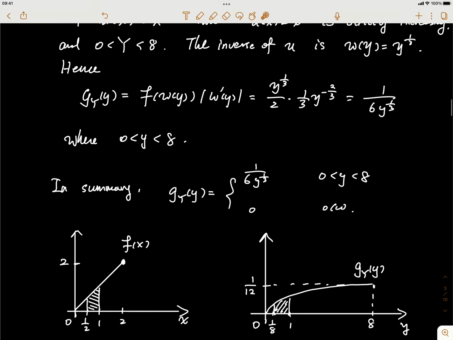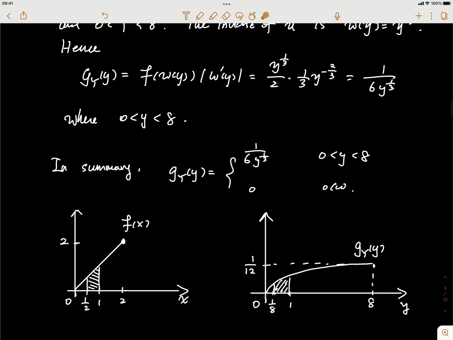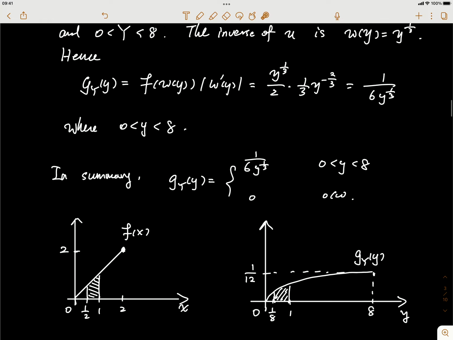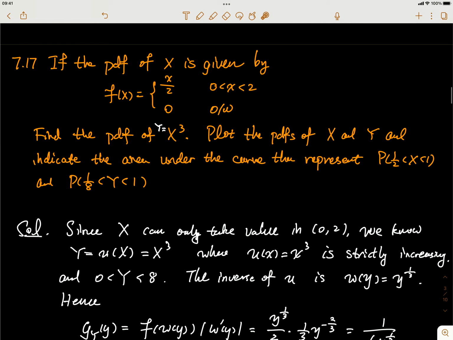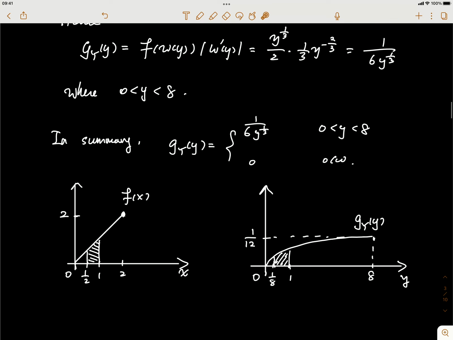Now if we plot the picture, remember that this is what the PDF of x is. Sorry, I plotted it wrong. It should be half x, so it's not that. It should be just here to here, which is 1.